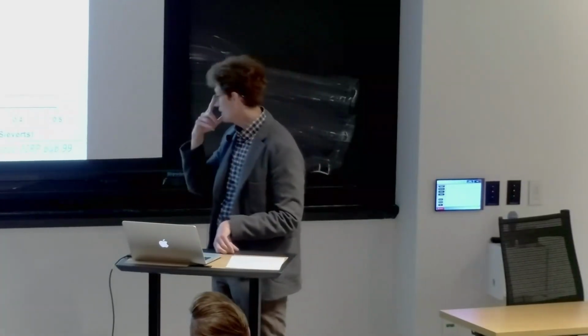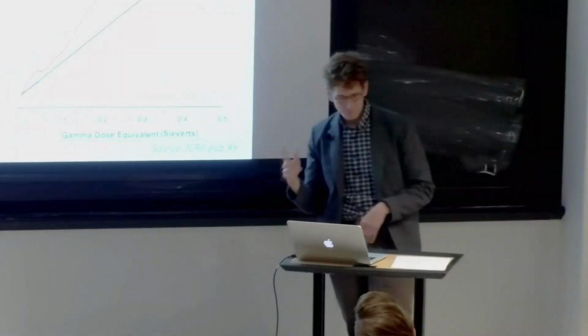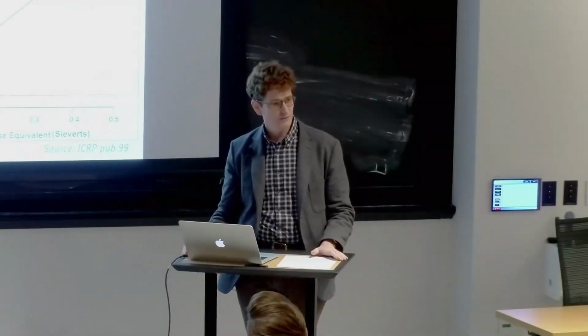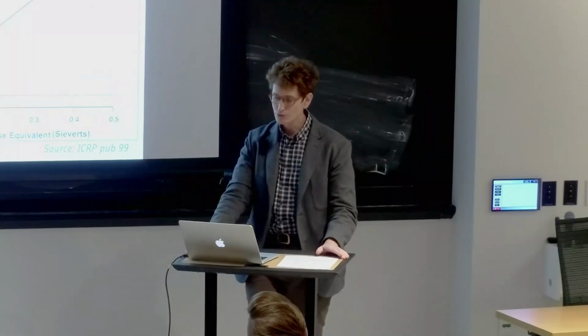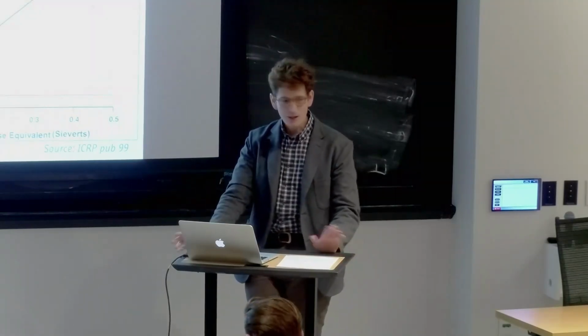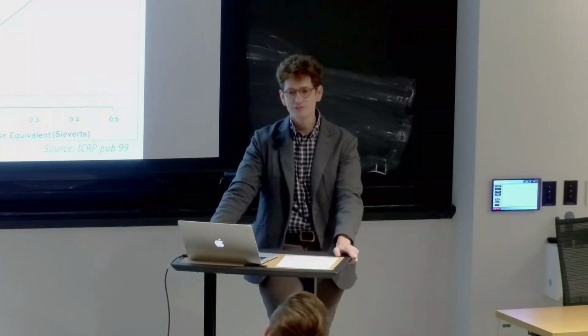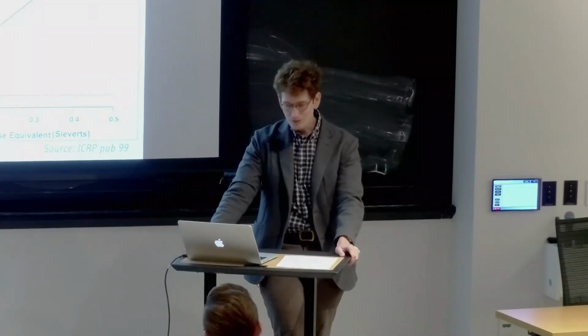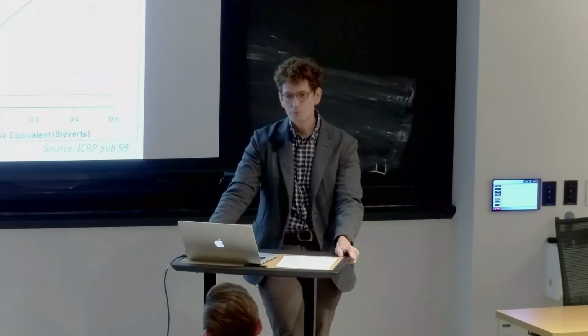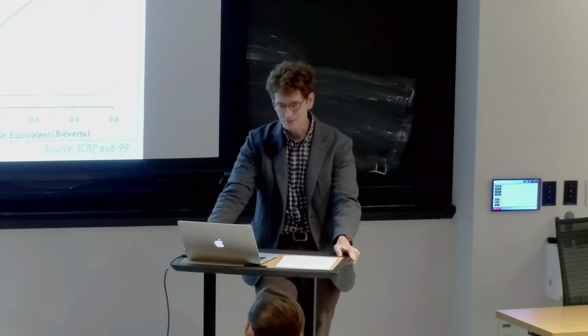So I mentioned this data set earlier. It's the single largest data set. It tracked 80,000 individuals who were exposed to radiation because of the atom bomb. A lot of people think, oh, well, that's a lot of radiation. Well, it turns out that 64,000 of those 80,000 were exposed to less than 100 millisieverts.